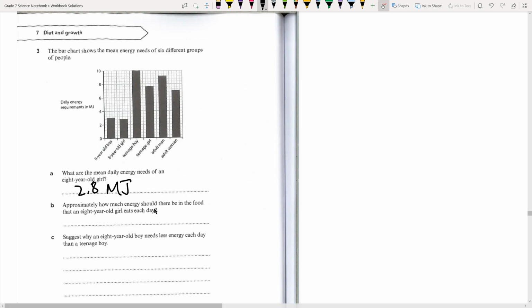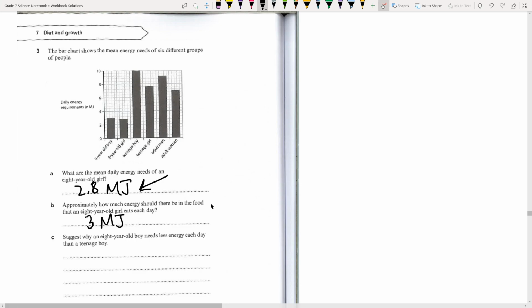Approximately how much energy should there be in the food that an 8-year-old eats each day? It should also be greater because this is the body requirement. So the food she must eat must contain at least 3 megajoules, right?